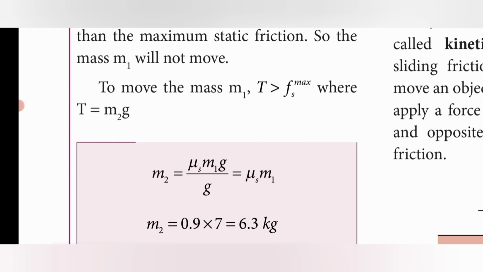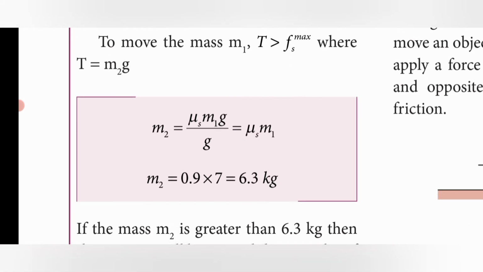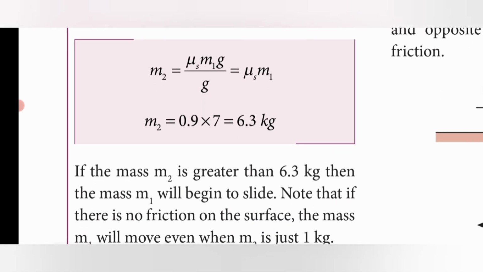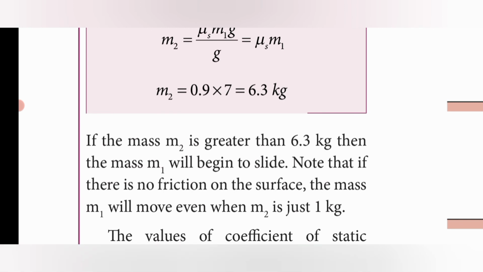So tension M2G is equal to frictional force, that is mu s M1G here. We want to calculate the M2 value. M2 is equal to mu s M1G divided by G. G and G cancel. So finally mu s M1. Substitute the value 0.9 into 7, that is 6.3. So here the M2 value must be greater than 6.3 only.